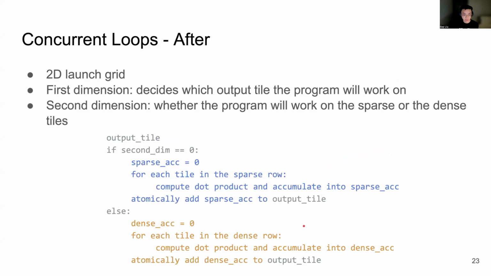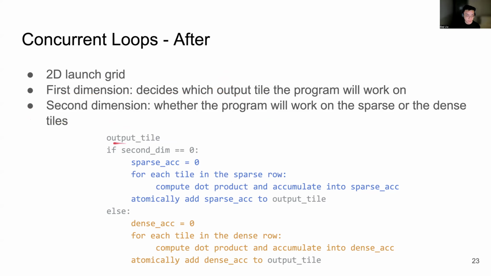And this is what the pseudocode would look like if we make this change to have them running at the same time. Instead of a 1D launch grid, we're going to have a 2D launch grid. The first dimension is going to decide which output tile the program is going to work on. And the second dimension is going to decide whether the program is going to work on the sparse or the dense tiles.